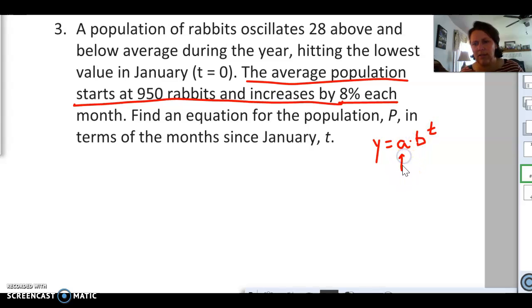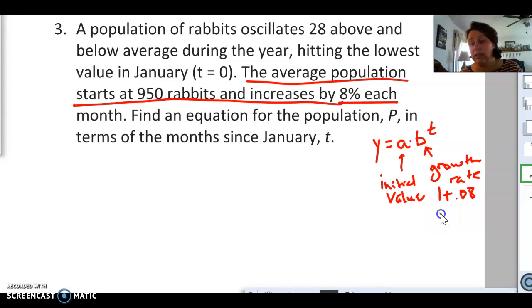Remember that a is our initial value and that b is our growth rate. So if it is growing, we're going to do 1 plus 0.08. If it was decreasing, we would do 1 minus 0.08. So this one says that it is increasing.